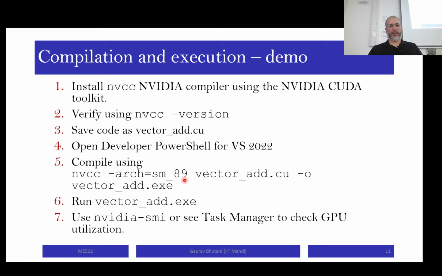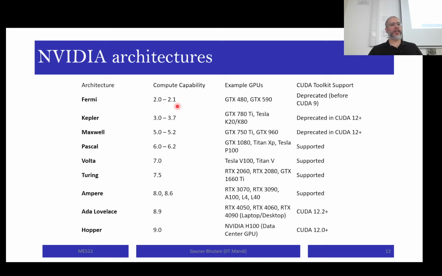There are different codes for different architectures for this NVCC compiler, so you figure out which architecture you have. This is the latest one, H100, that I talked about. That's a Hopper architecture. You may also see the A100 card, which is an Ampere architecture, and so on. The V100 that we have on Param Himalaya is the Volta architecture, so you'll have to specify 70 when you compile the code on Param Himalaya.